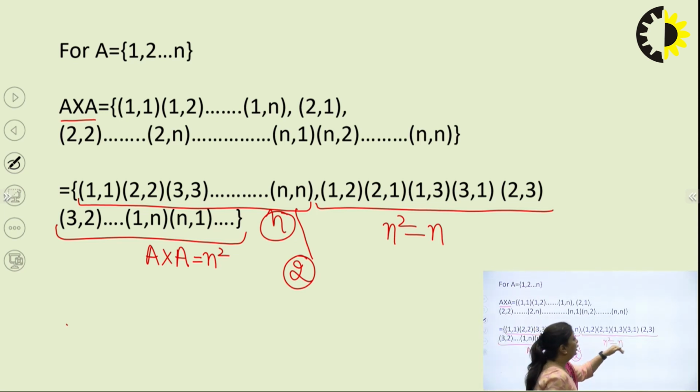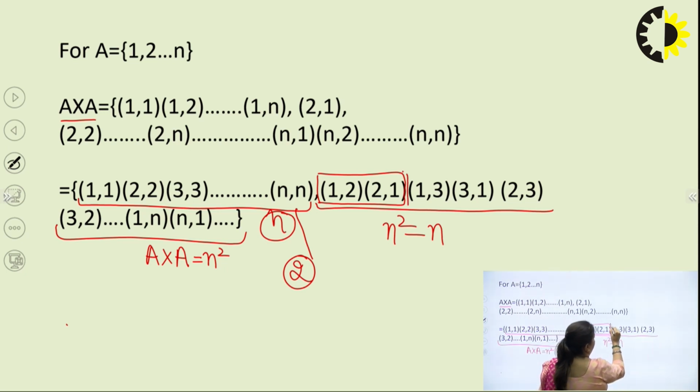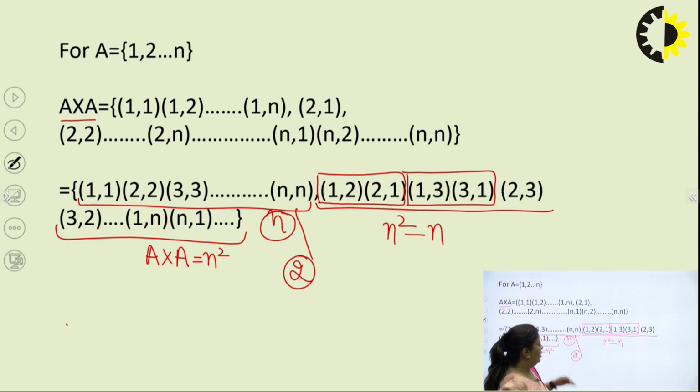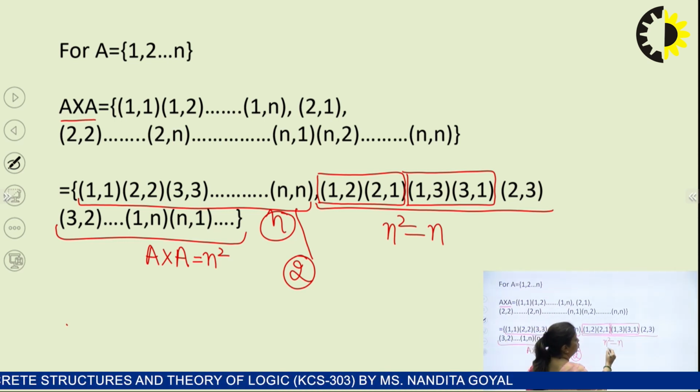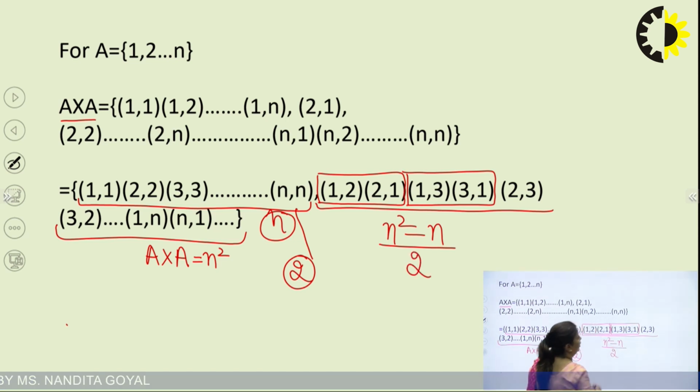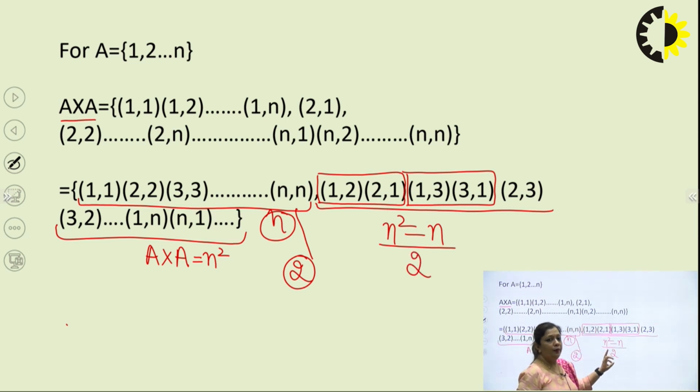But if I talk about the remaining elements, now here, if I have this element 1, 2, then it should also have 2, 1. Otherwise, the entire thing should not be there. Then, if I have 1, 3, then I must have 3, 1. So, that means for remaining elements, they will be existing either in pair or they won't exist at all. So, the remaining elements are n square minus n, and the total number of pairs which are possible is n square minus n by 2.